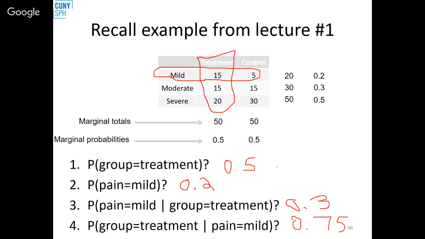And the probability of them being in the control group is 5 out of 20. So there are 20 people who experienced mild pain, 15 of them were in the treatment group, and 5 of them were in the control group. Any questions?